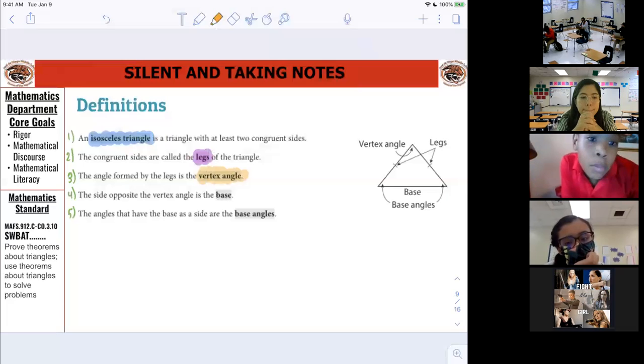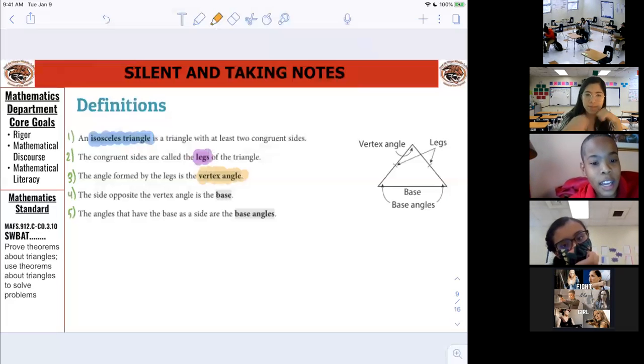Daniel, read number 4. Go ahead. You're muted. He's working on it. The side opposite the vertex angle is the base.